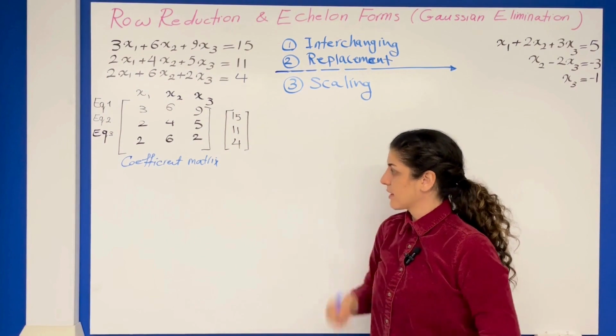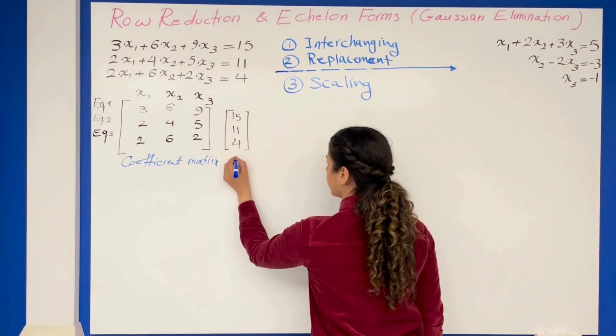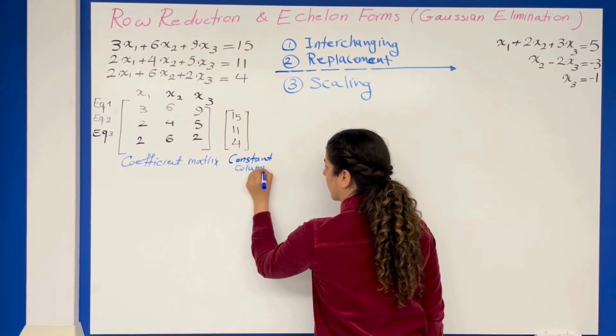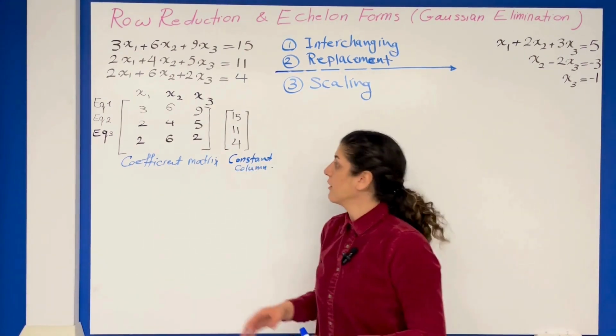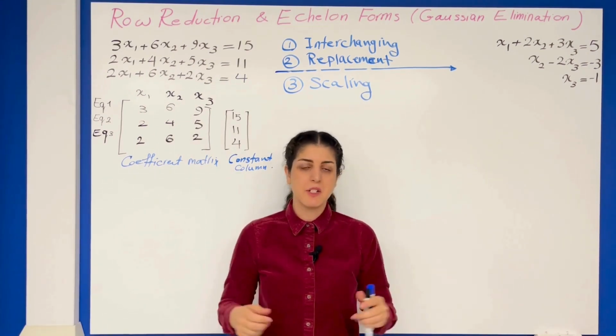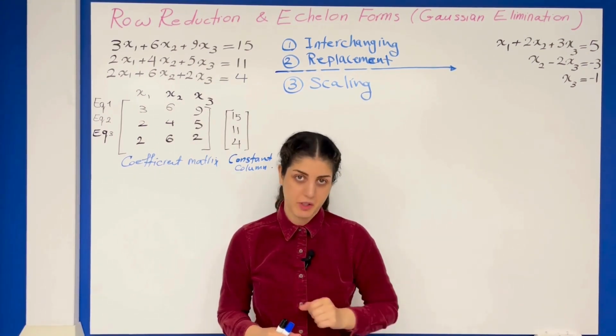They all form this column, which is called the constant column. Now if we take these two and glue them together, we form a bigger matrix called the augmented matrix, and that's the one we're going to work on.